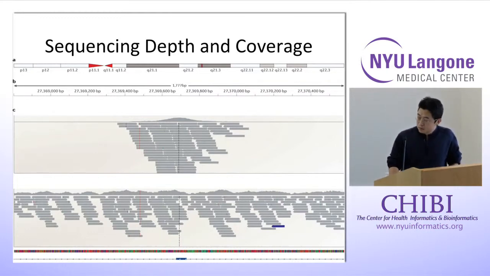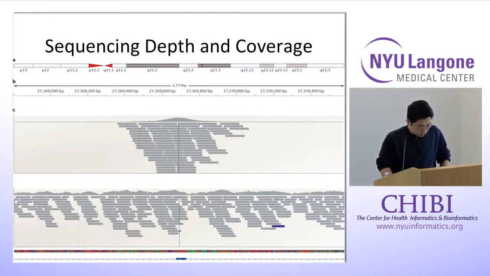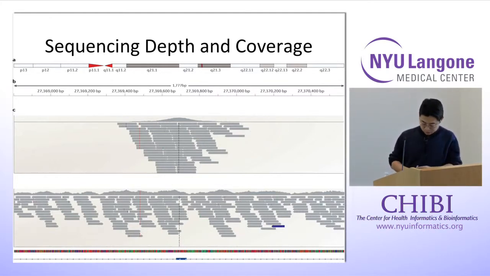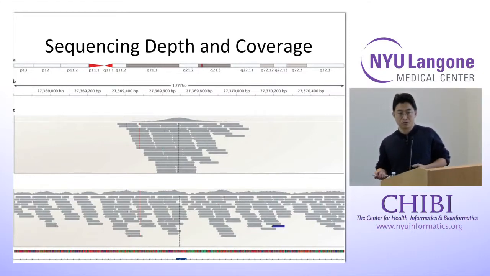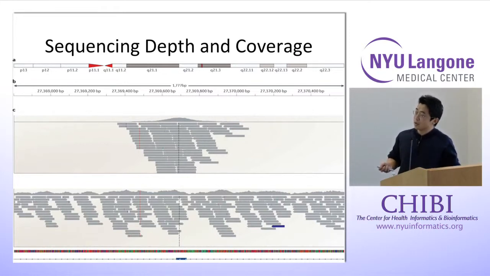So this is a standard genomic viewer visualization of a sequencing project. You input your sequence alignment, and you will see the reads aligned along the chromosome.